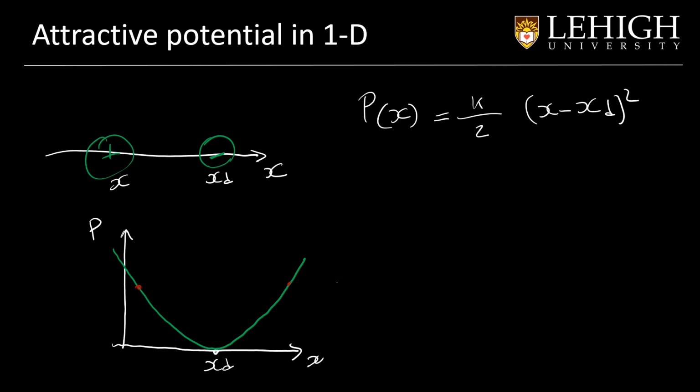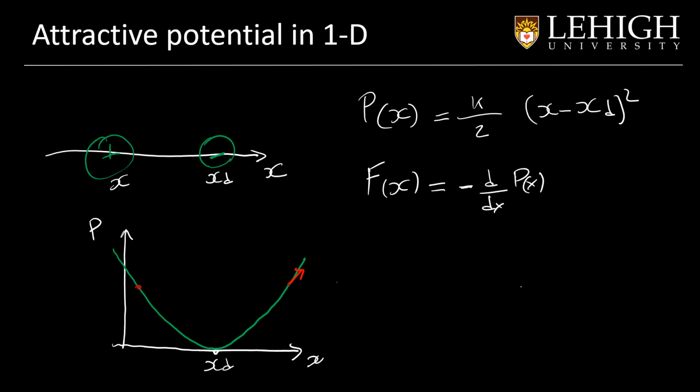So the force that will attract the robot to the goal will be equal to the derivative with respect to x of the potential field, but it will be negative, because the potential field is growing in this way, but we want to go downhill, we want to approach the valley.